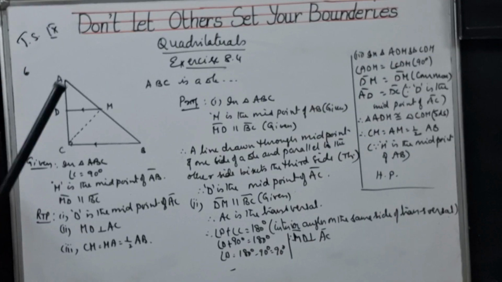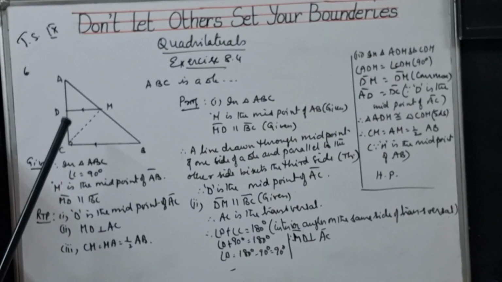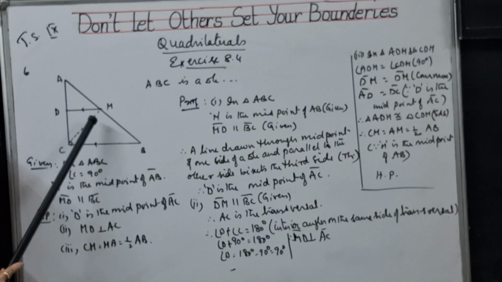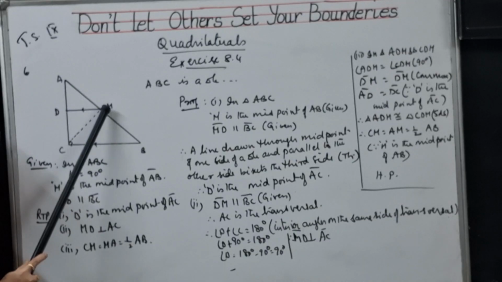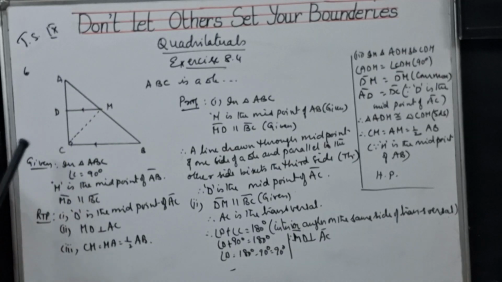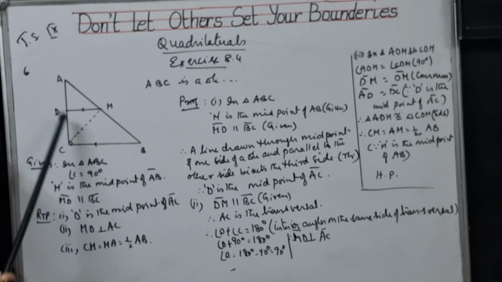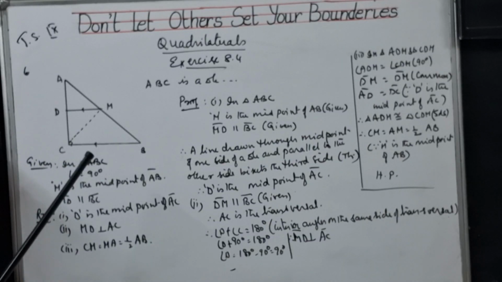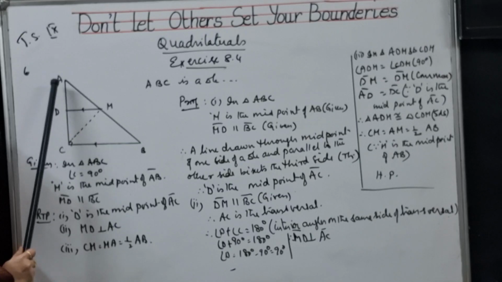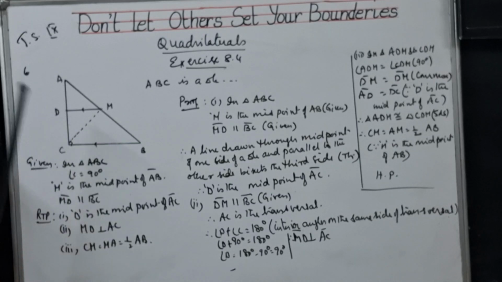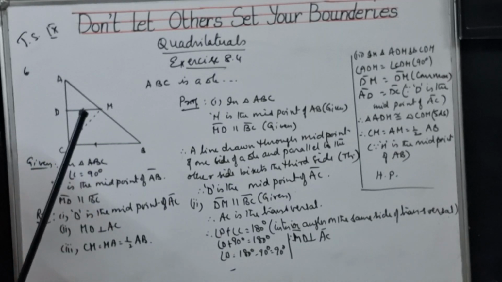This is what we need to prove. So for this, first proof, when you see, M is the midpoint of AB and MD is drawn parallel to BC. If a line is drawn through the midpoint of one side of a triangle and parallel to the second side, it bisects the third side. This is the theorem which we have learned. So it is bisecting AC. So AD is equal to DC. This is first proof we have done.